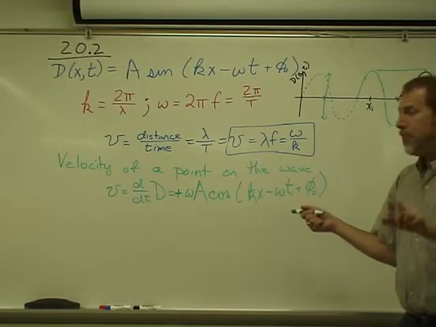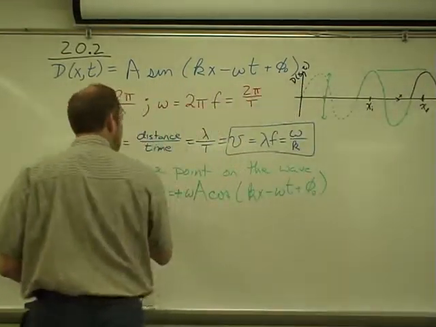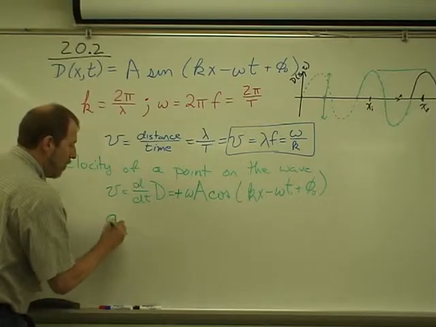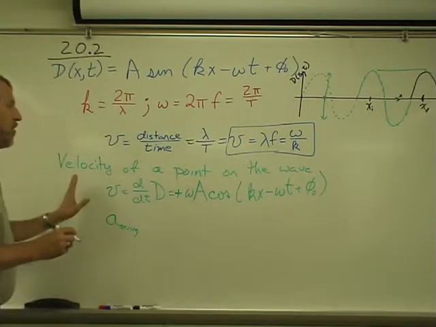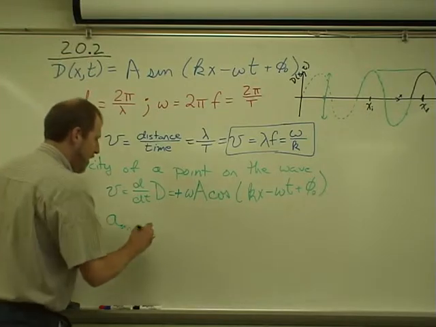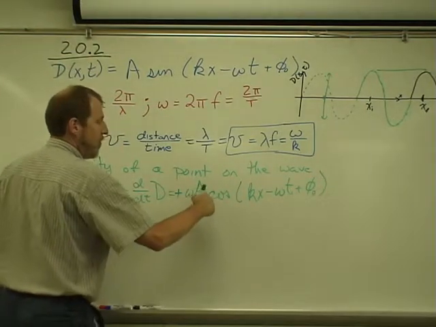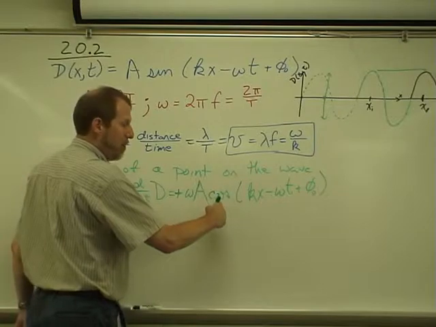If I take that derivative one more time to find the acceleration of a point on the string, that's taking this derivative one more time. That's the derivative of the cosine, which is the sine.